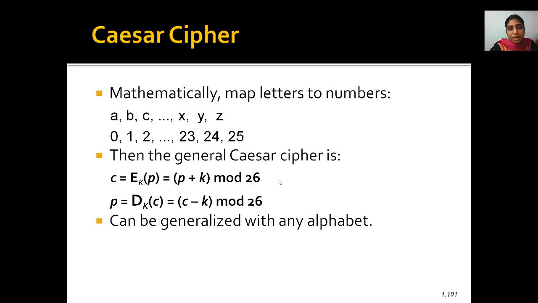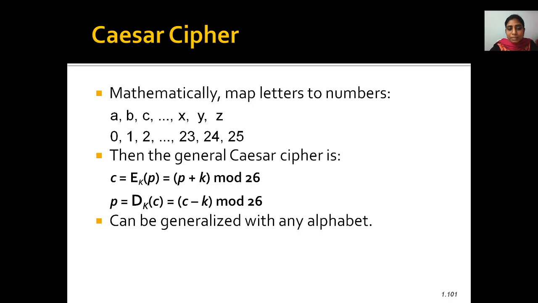Then the general Caesar cipher, when you want to change the plain text to the ciphertext, we apply p plus k mod 26. That means plain text value plus the key value mod 26. Suppose I take the plain text value A equal to 0. So 0 plus our key value, which is 3, because we are shifting by 3 values.